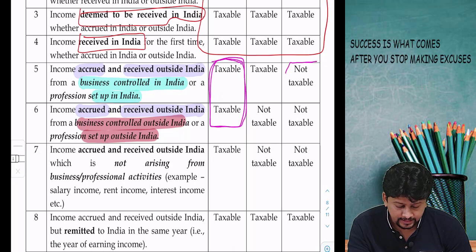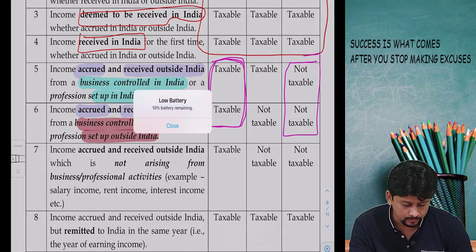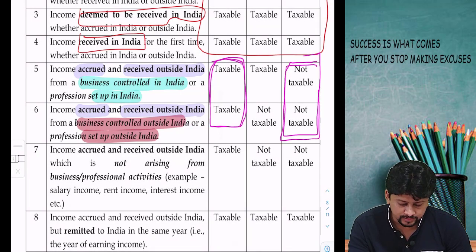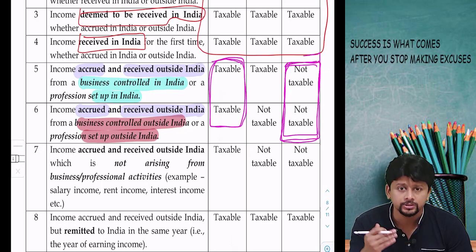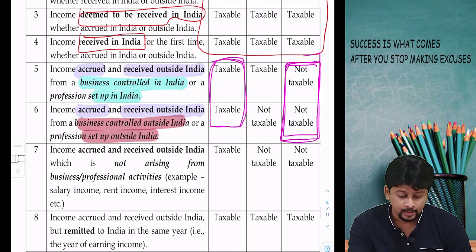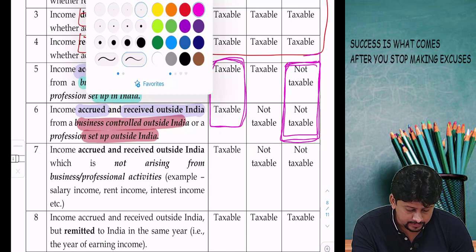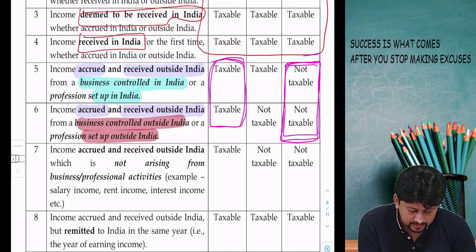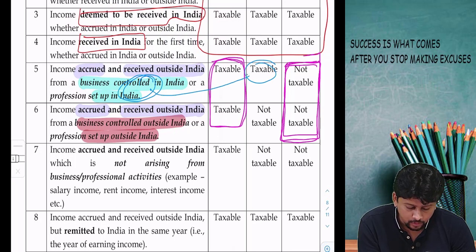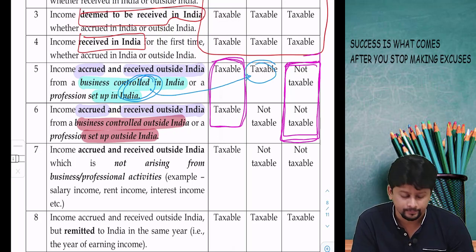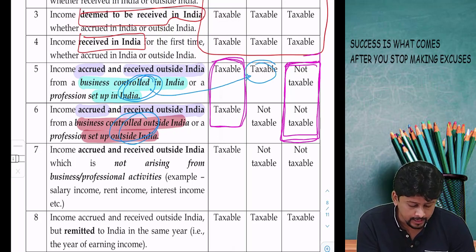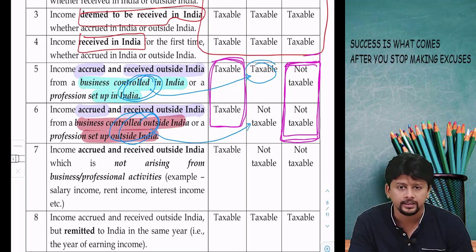For the non-resident also, it does not matter where the control of business profession is, this income is not taxable. The thing to observe is that if your business is controlled in India, then for resident and ordinarily resident, it is taxable. And if your business is controlled outside India, then it is not taxable.